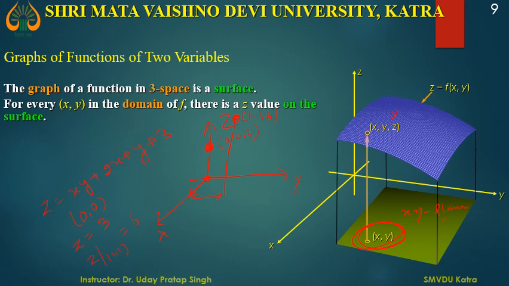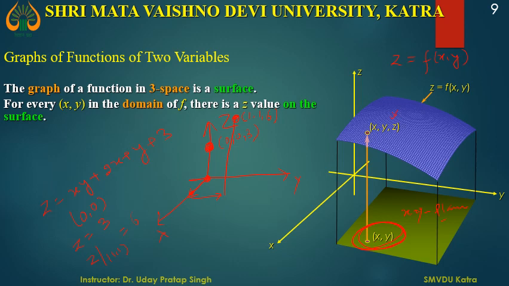Right? Then for every xy we got a z, and this is represented as z is equal to f of xy, right? And if we locate all these points, then these points are represented by x, y, z, right?